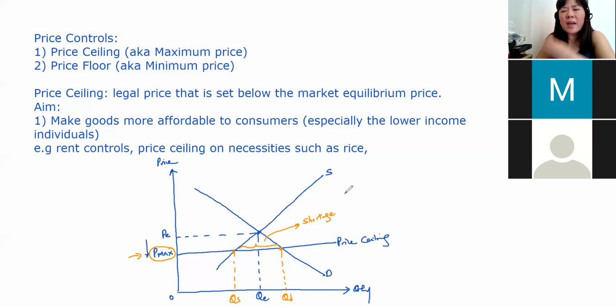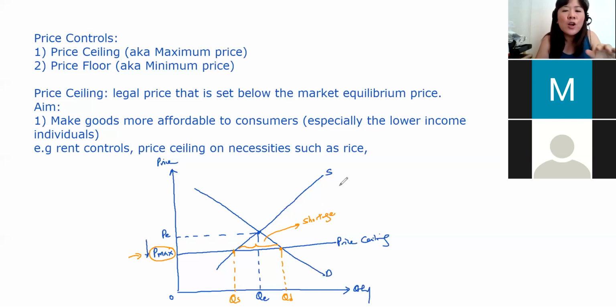As you have seen in the case of taxes and subsidies, the effect of price controls such as a price ceiling is quite different. For taxes and subsidies, it would have led to a new equilibrium, whereby quantity demanded still equals quantity supplied.